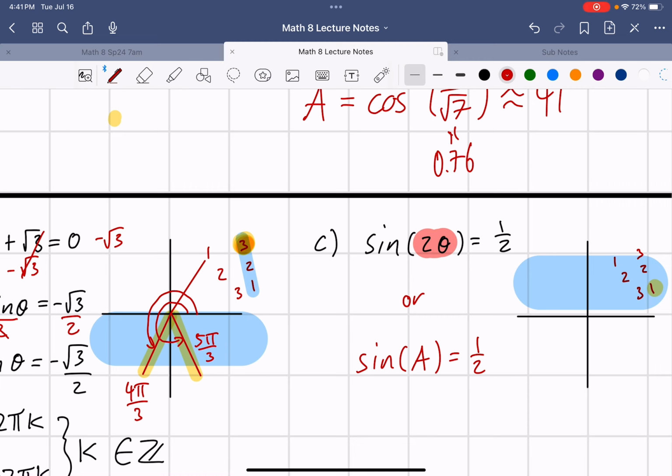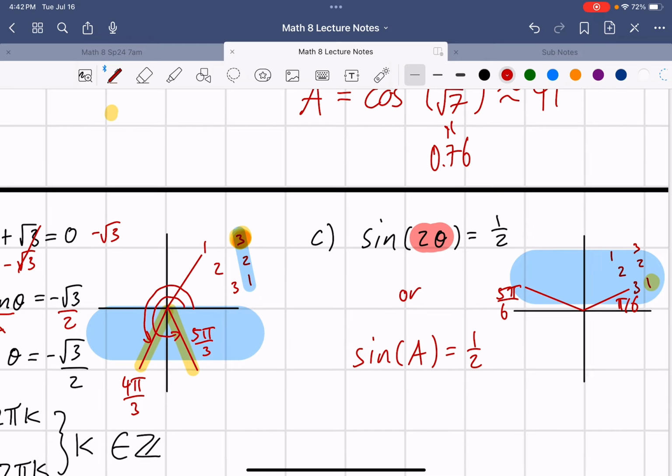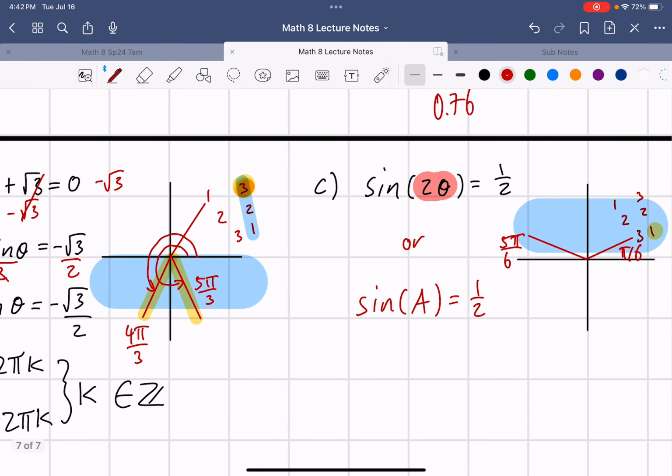So I have this solution, which is pi over 6. And then I have the second solution, which is, if I go all the way around to 6, 1 less than 6 is 5. So it's at 5 pi over 6. Now, that's when sine is equal to 1/2.